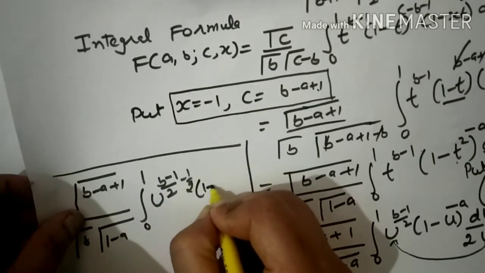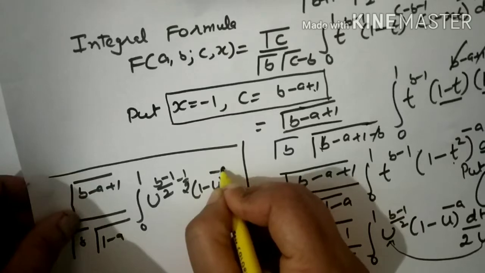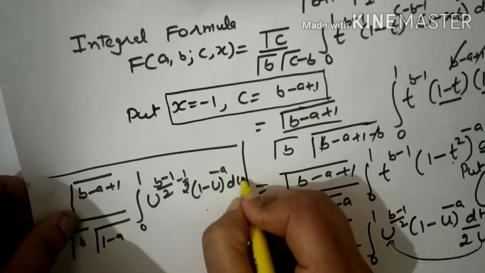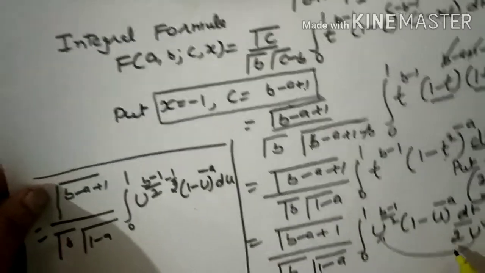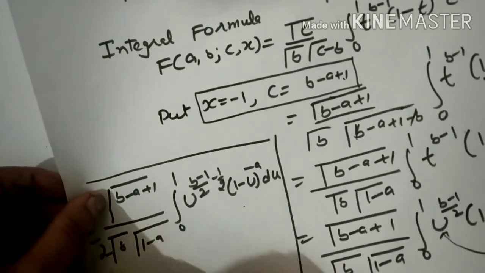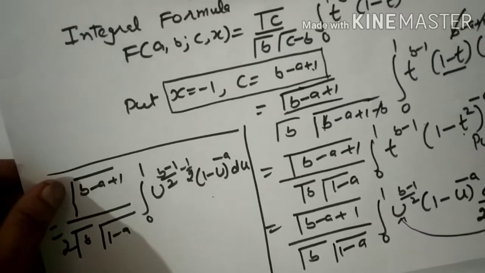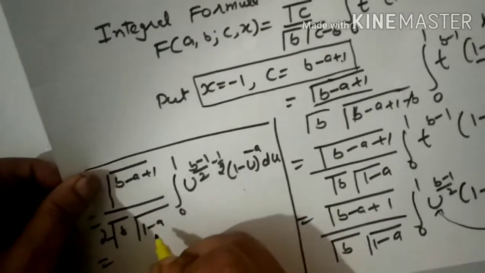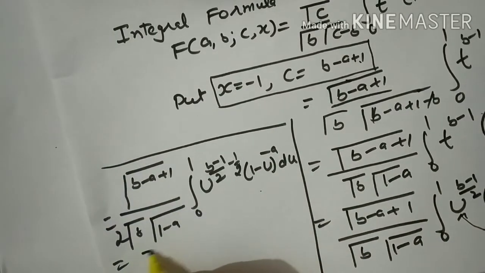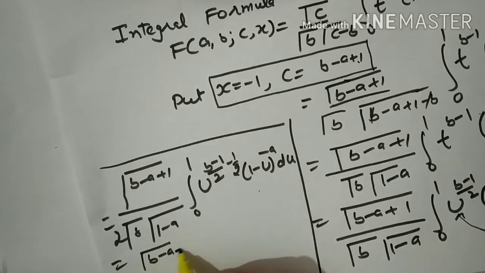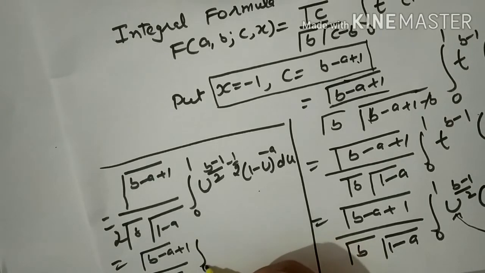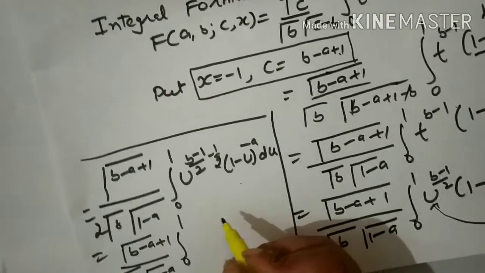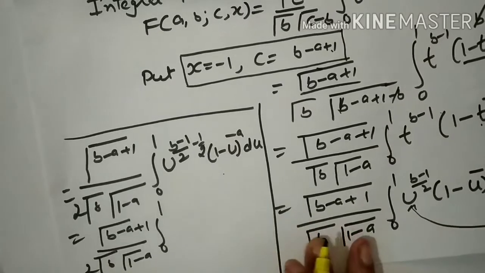Similarly 1 minus u raised to power minus a du. Right, and this 2 in the denominator we can write outside the integral. So now what we are left with, this term is same, gamma b is same, gamma 1 minus a, and integral 0 to 1.